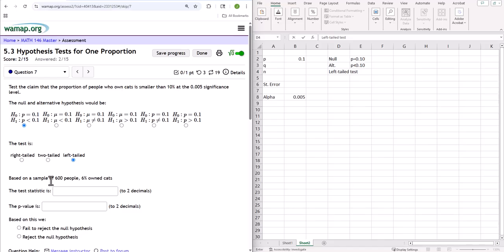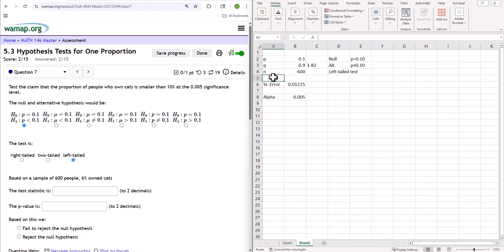Now, based on a sample of 600 people, our N here is 600. 1 minus P is going to be our Q. And we can use all this to find our standard error, which is the square root of P times Q divided by N. So, stuff we're going to need down the road: based on a sample of 600 people, back to the problem here, 6% own cats.